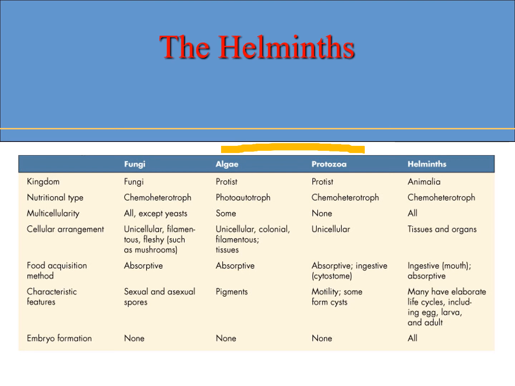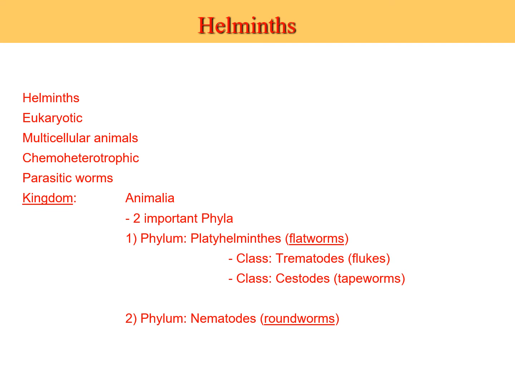Not an easy topic, but there are certain fundamental characteristics about these worms that you should know, and some of the diseases associated with them, the ones that cause the disease, and so on. So they are helminths or worms, eukaryotic multicellular animals. They are chemoheterotrophic. Essentially, they are parasitic worms.